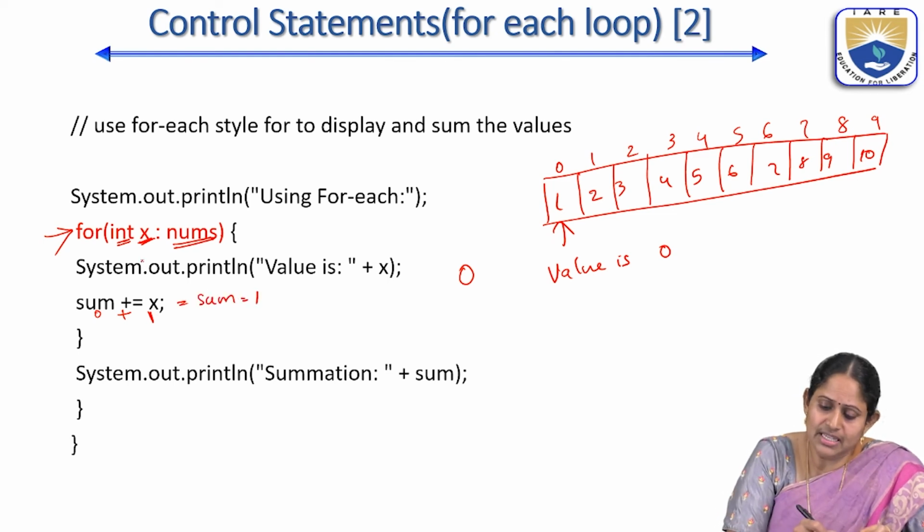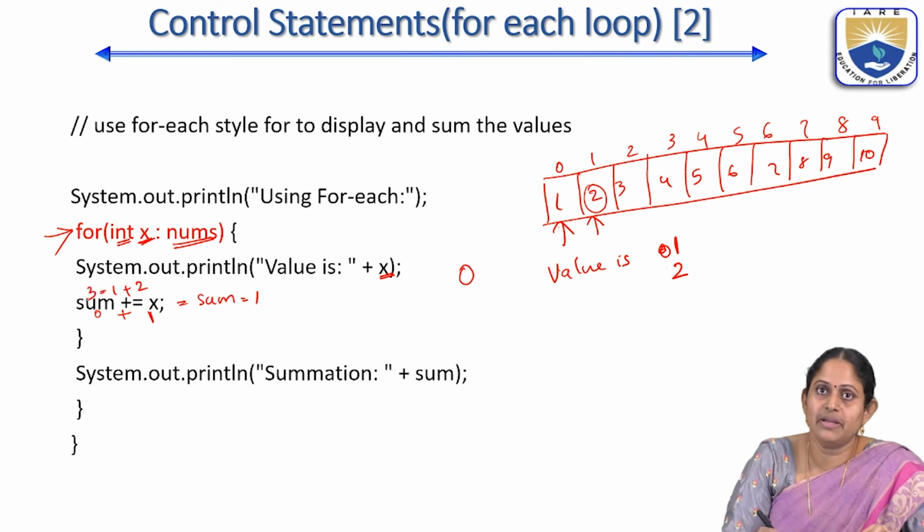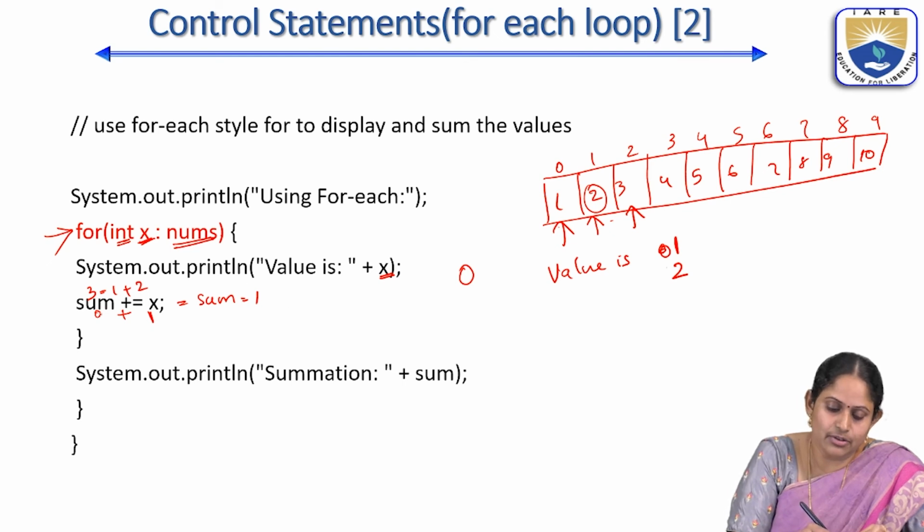Next it will iterate to the next element, so the element 2 will be retrieved. So x will contain 2, and sum is equal to 1 plus 2, which is 3. Sum will have 3. Next it iterates to the next element, so 3 plus 3, you get the sum as 6.